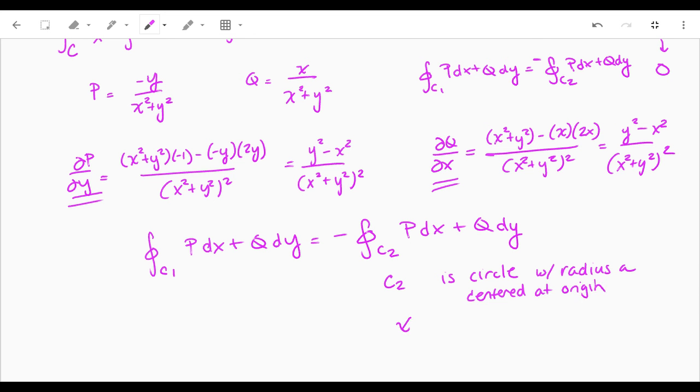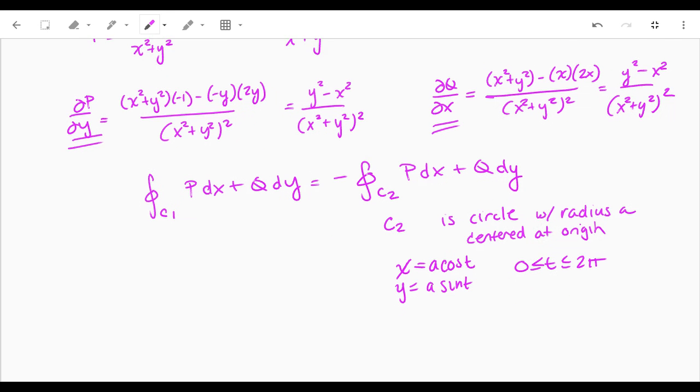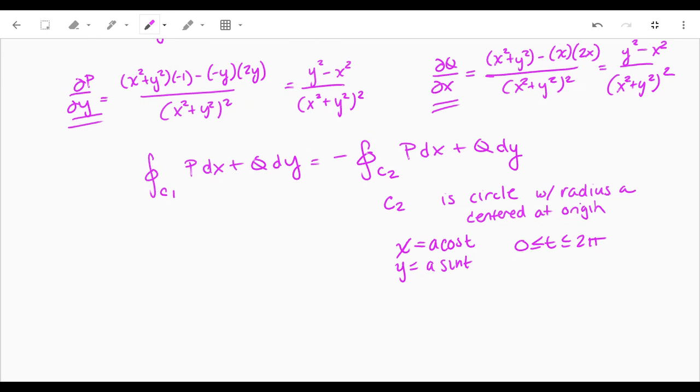So x would be a cosine t, y would be a sine t, where t is between 0 and 2 pi. And then dx is going to be negative a sine t dt, and dy is going to be a cosine t dt.